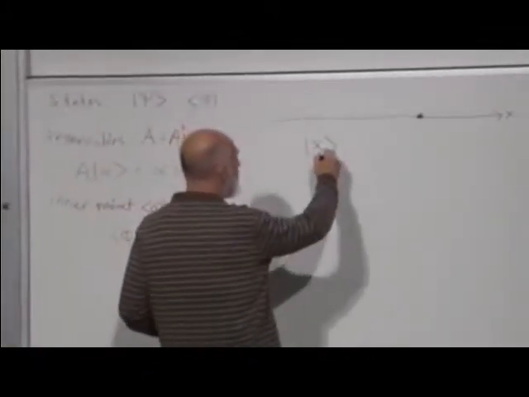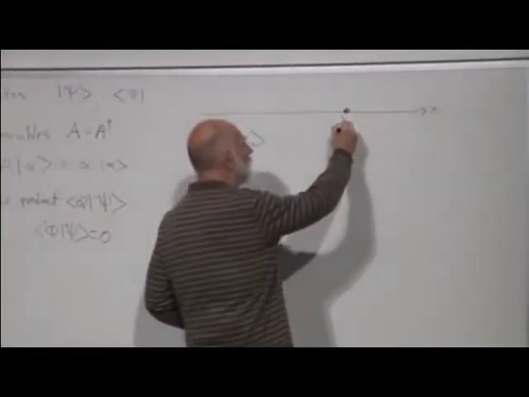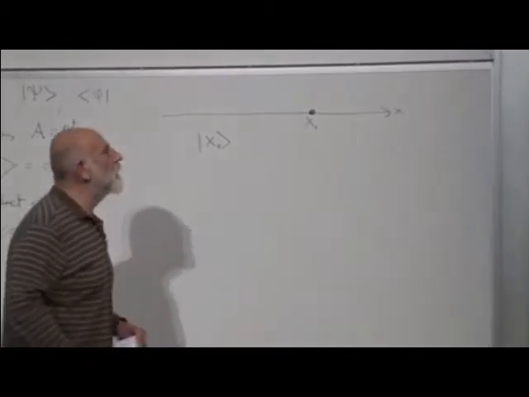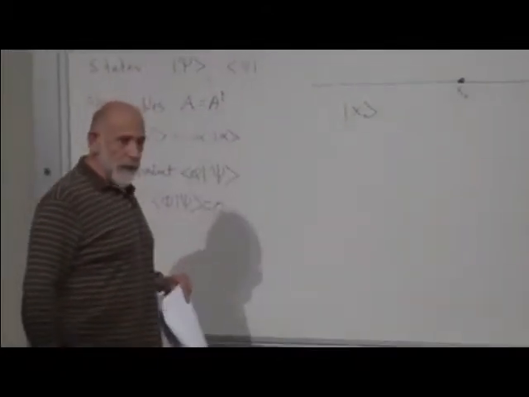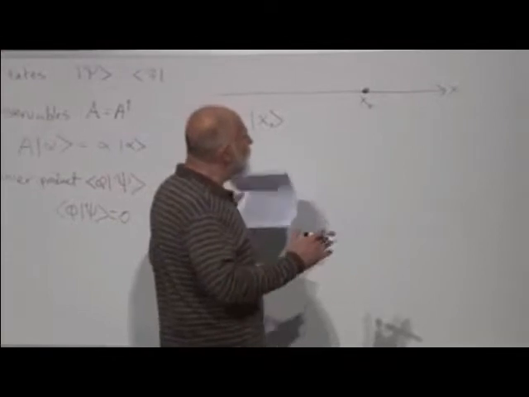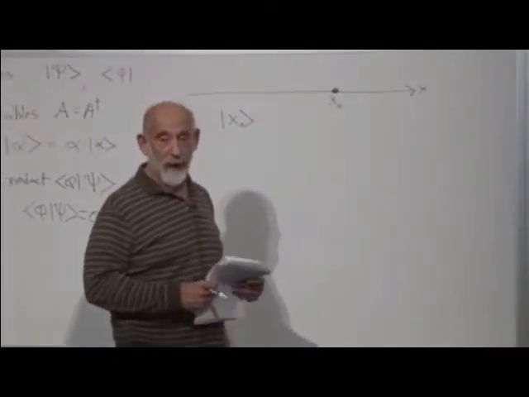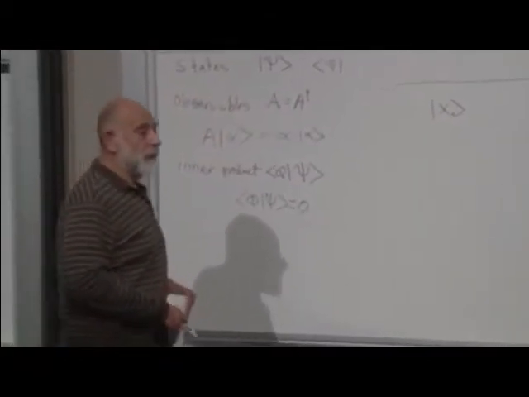Let's call it x0. This is the point x0 over here. I'm just using the naught to indicate a particular position. There are states which are labeled by x0, which have the property that if you measure the particle's position, you will definitely find it at x0.